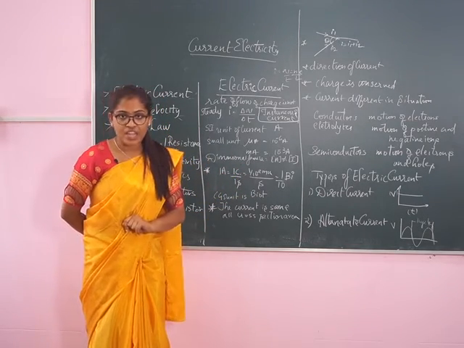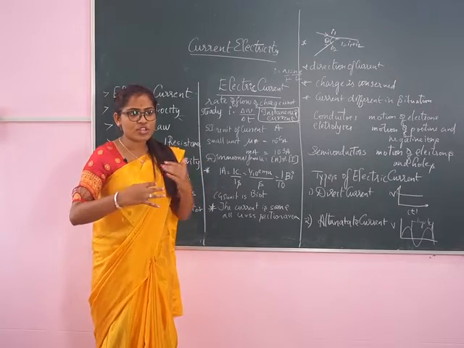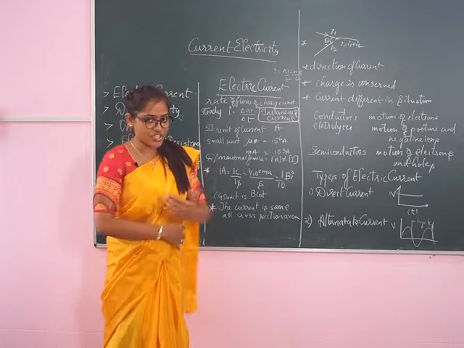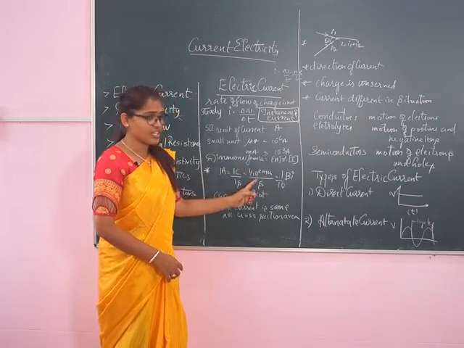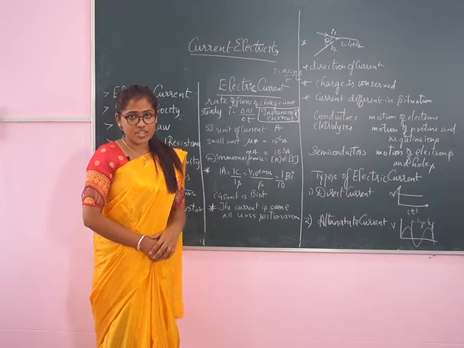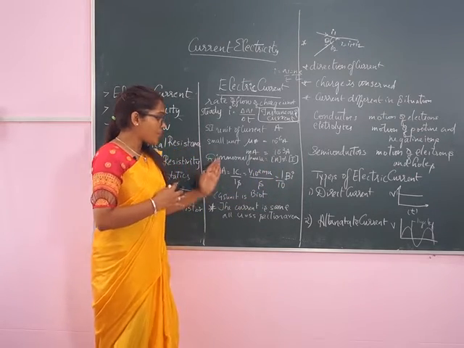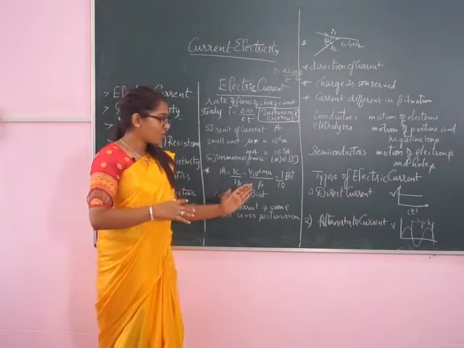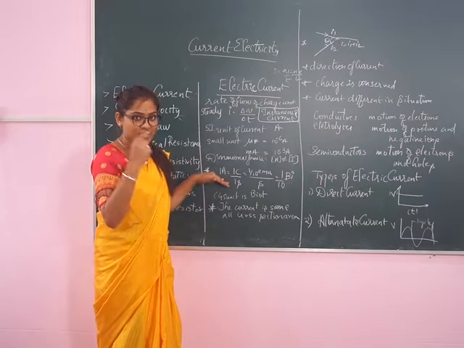Next, if I want to convert from SI unit to CGS unit, it is 1 by 10 electromagnetic unit. 1 ampere is defined in the SI unit; ampere is an SI unit.